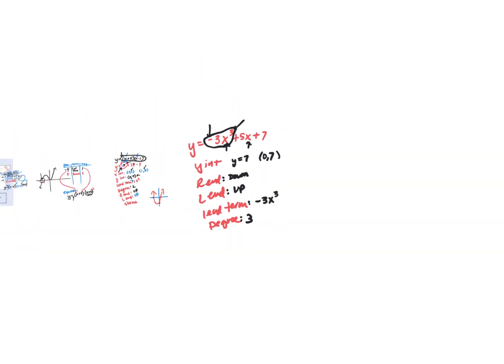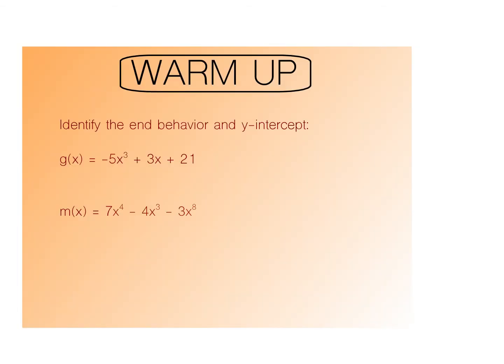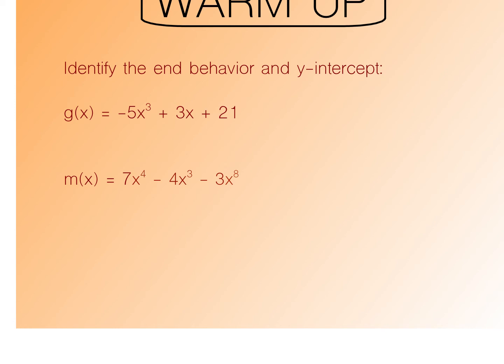All right, so there's a good review of all the stuff we've done in the past. Here is a warm-up. Identify the end behavior and the y-intercept. By now, this should be like a walk in the park. So I'm going to give you a moment to just try to answer these 2 questions. Okay, the end behavior, I always start on the right.